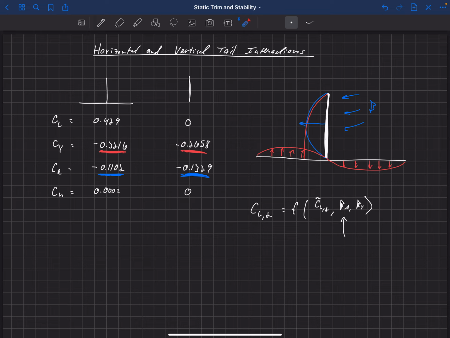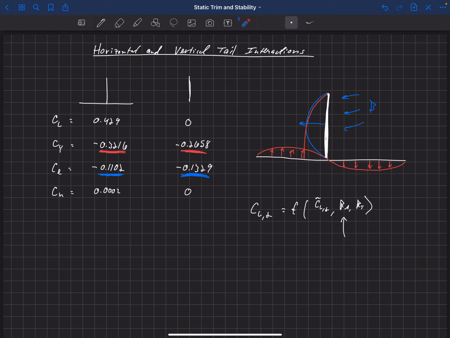Another way, though, would be just to plug this into this numerical lifting line code yourself, or into a vortex panel code, or into CFD or something, in order to estimate this. And that's a bit more accurate because then you can put in your actual geometry. He had to make some assumptions about the size of the vertical tail compared to the size of the horizontal, for example, and the geometries of those in order to get these solutions. And so, of course, they're not really global solutions.